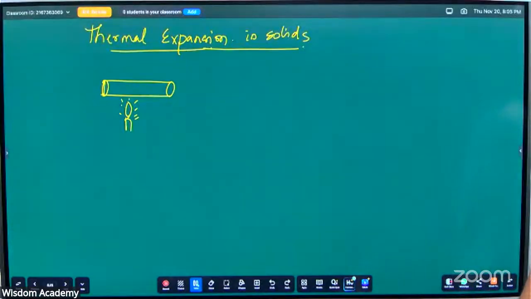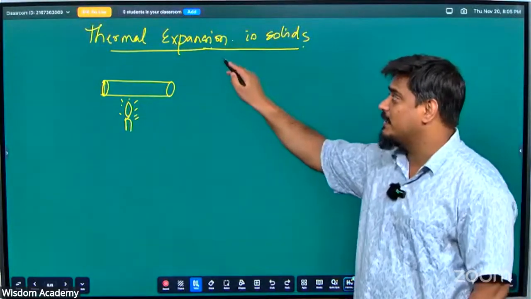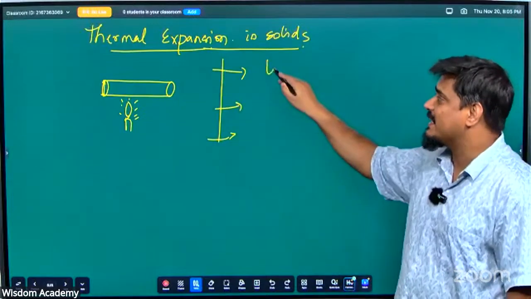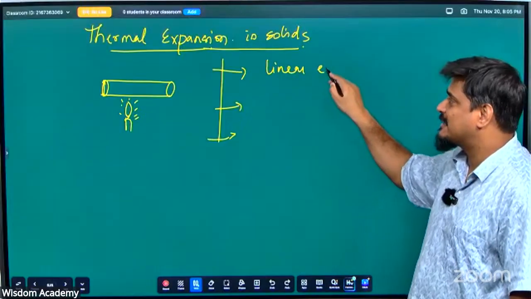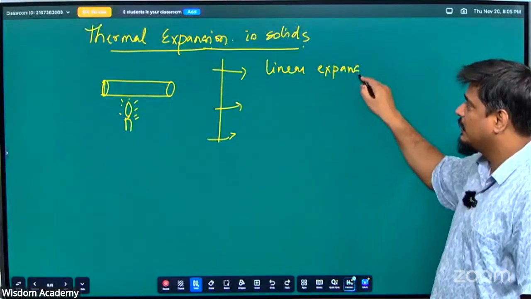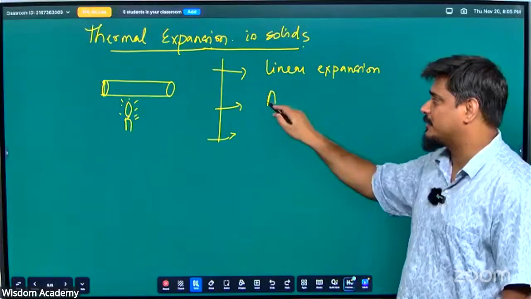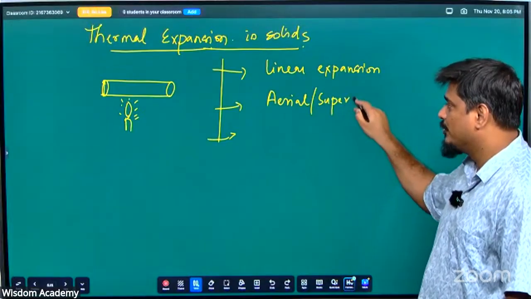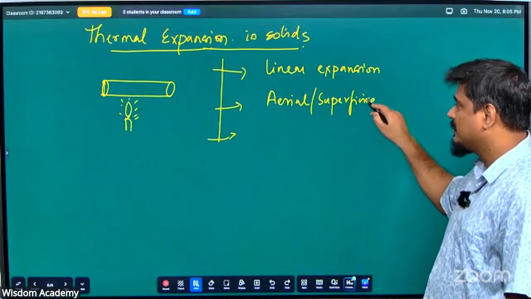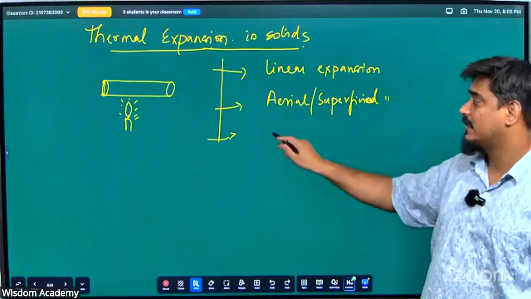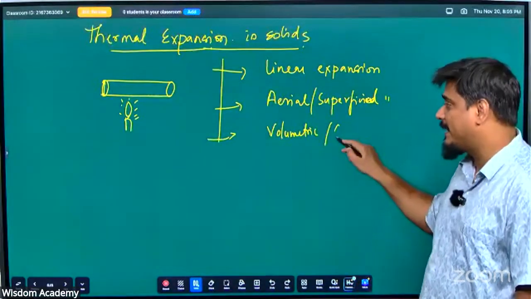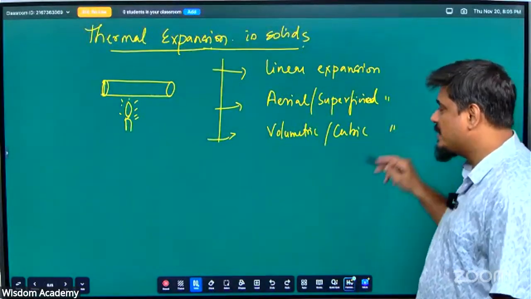Okay, coming back. So the expansion in solids is measured in three different ways. One is called linear expansion, which is the expansion in length. Another is called areal expansion, also known as superficial expansion, which is the change in the area. And third is called volumetric expansion, also known as cubic expansion, which is change in volume.